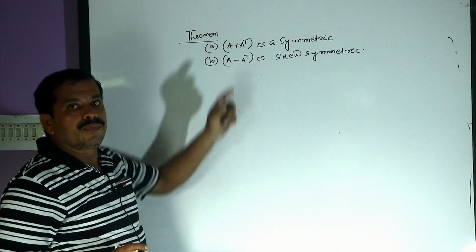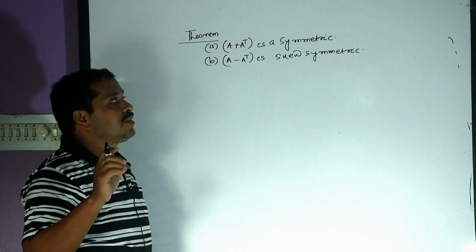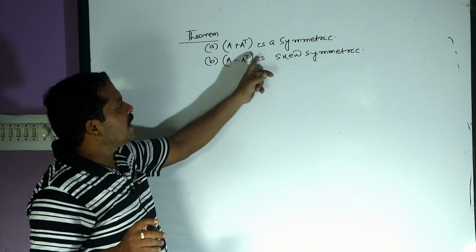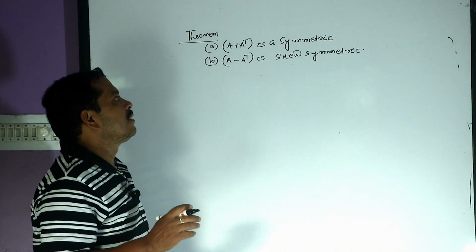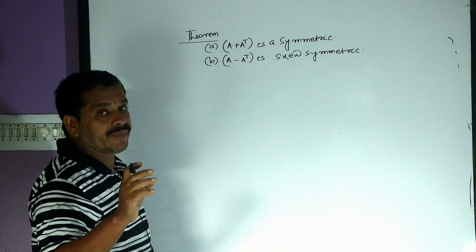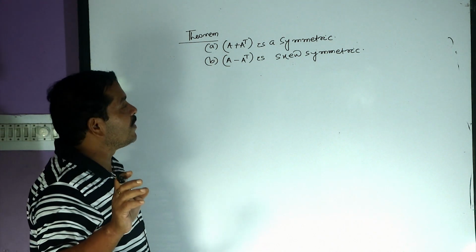First we have to prove A plus A transpose is symmetric, and second we have to prove A minus A transpose is skew symmetric. We have already discussed what a symmetric matrix and a skew symmetric matrix are.